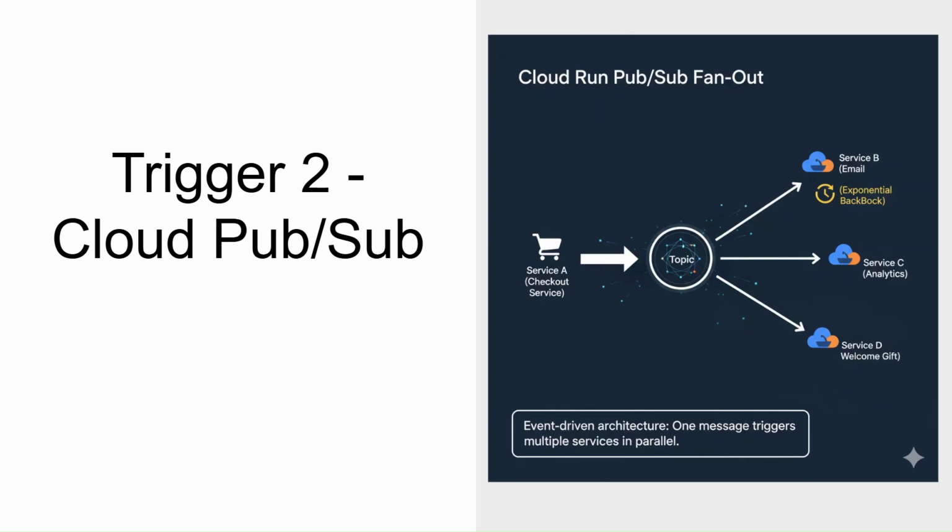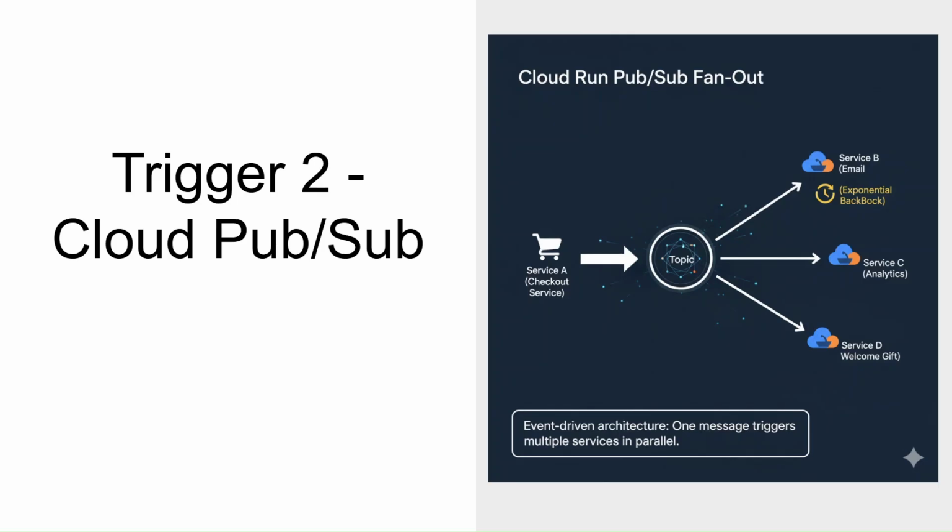In this example, for instance, we have one service that is handling emails, one service that is handling analytics, one service that is handling sending some welcome gift. And these services can also further publish messages. So in the end, you end up with an architecture where the services don't need to know about each other. They just communicate through messages.